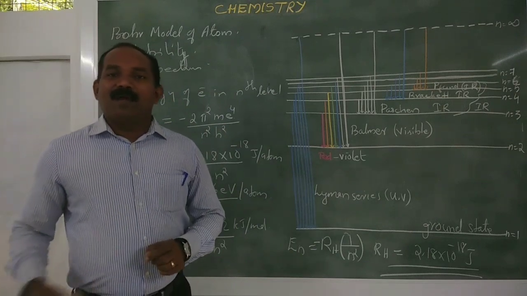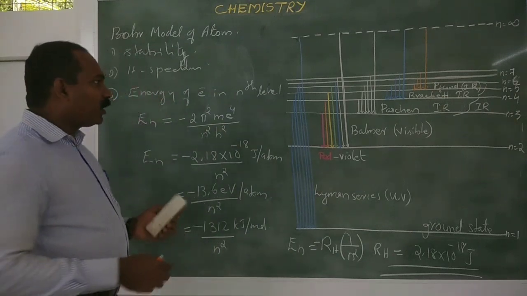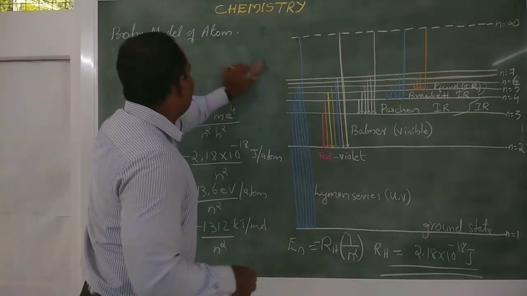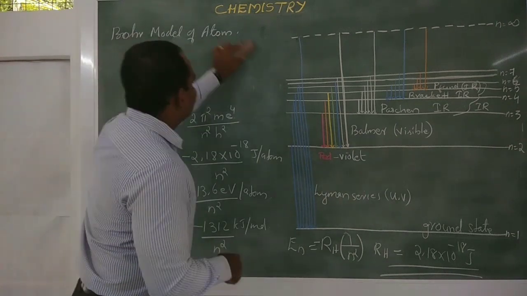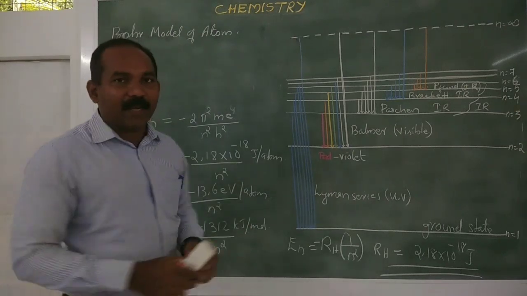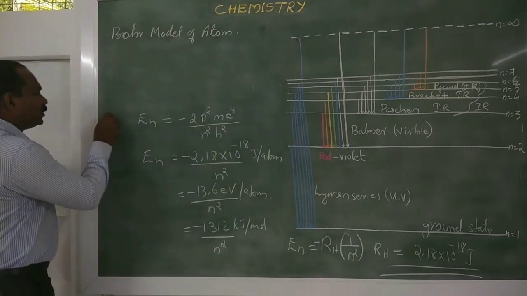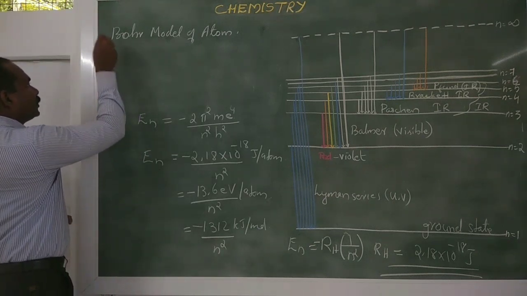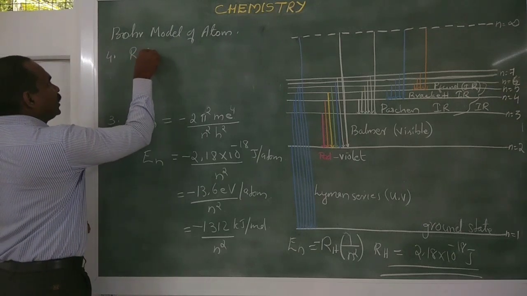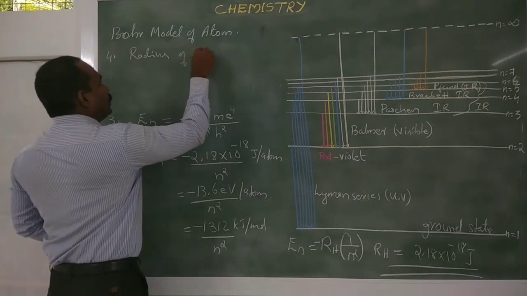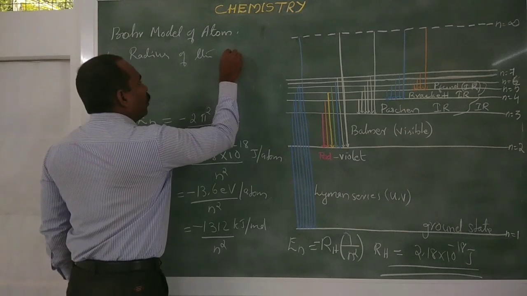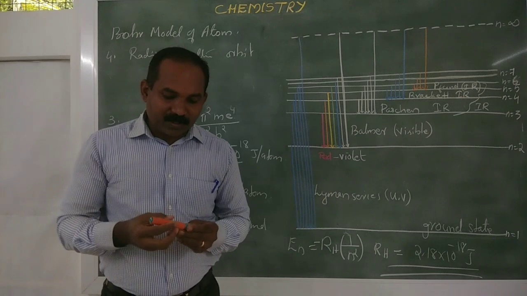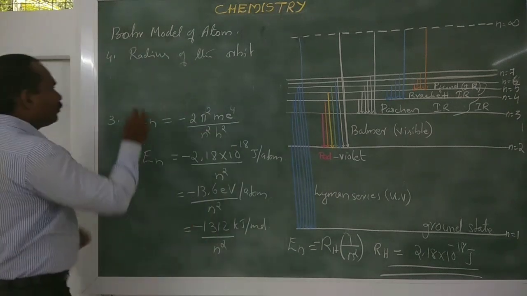Another important merit of Niels Bohr is that he could calculate the radius of the orbits. This is the fourth important application or merit. By using an equation, we can calculate the radius of an orbit.